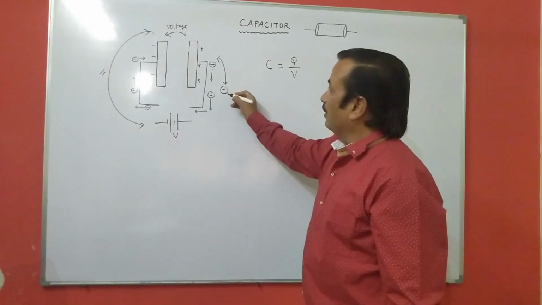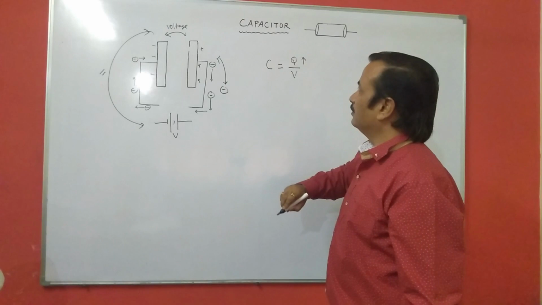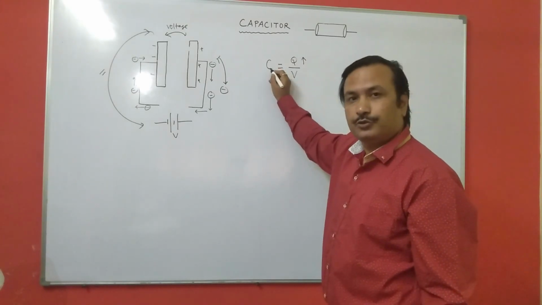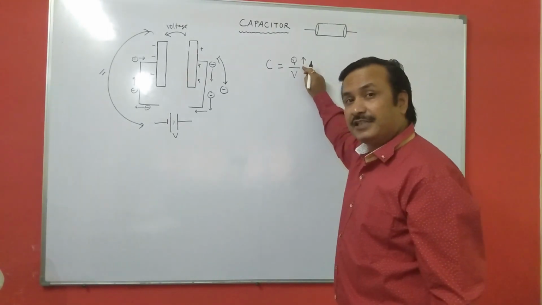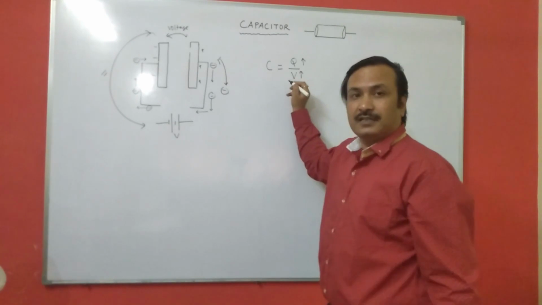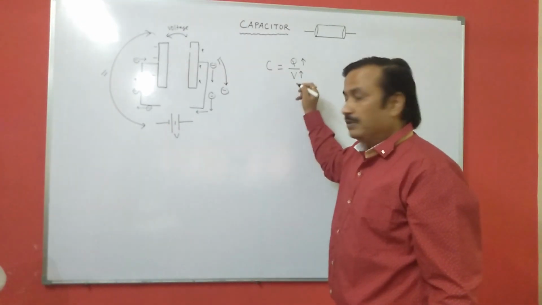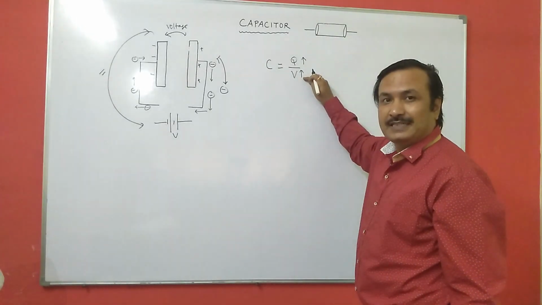Now if you increase the charge Q, capacitance should increase. But when you increase the charge Q, you will find this V is also getting increased at the same time. That means the ratio becomes constant.